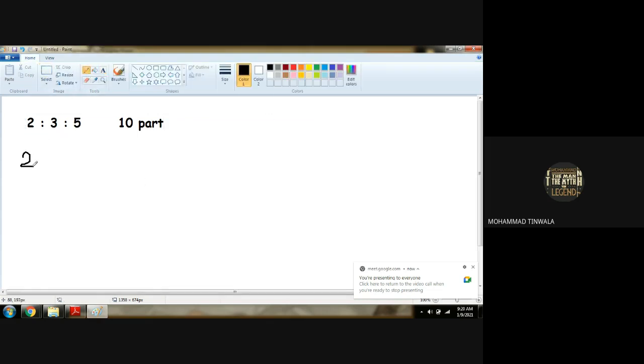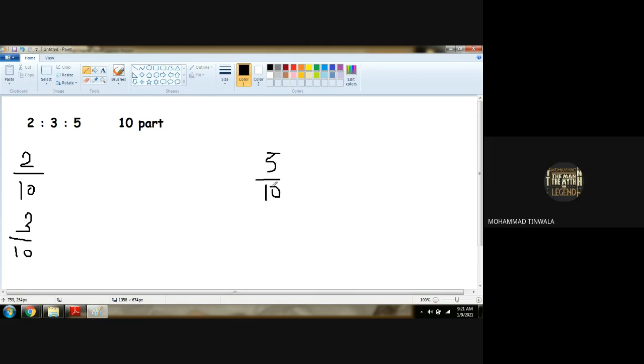So here I will take 2 upon 10, 3 upon 10, and 5 upon 10. Now multiply all with 100.